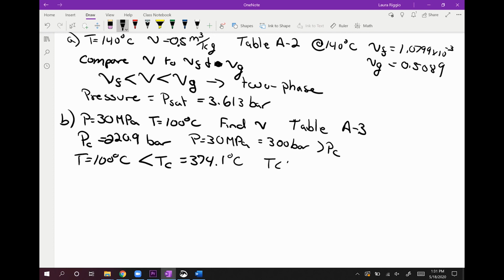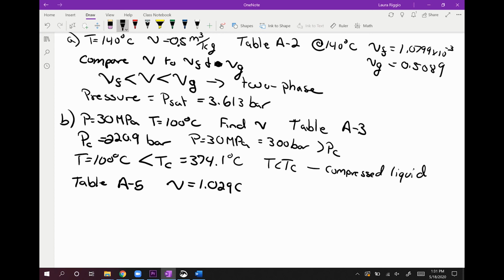So since T is less than Tc, I am a compressed liquid. So I'm going to go to table A5 and find that my specific volume is equal to 1.0290 meters cubed per kilogram.